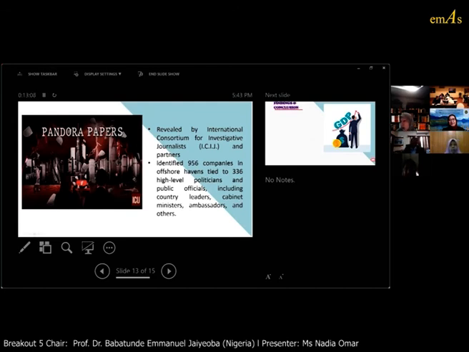These papers identified 956 companies in offshore havens tied to 336 high-level politicians and public officials, including country leaders. These include Malaysians, whereby we do have important Malaysian figures also listed here, which shows it can also be related to offshore tax evasion.